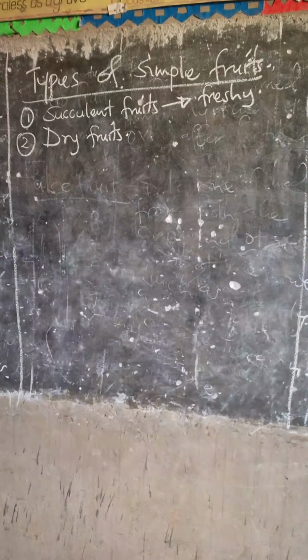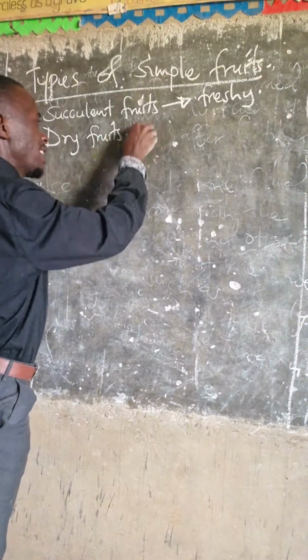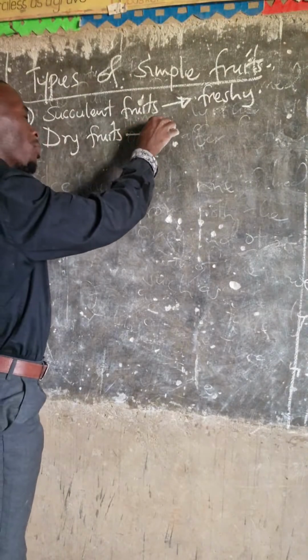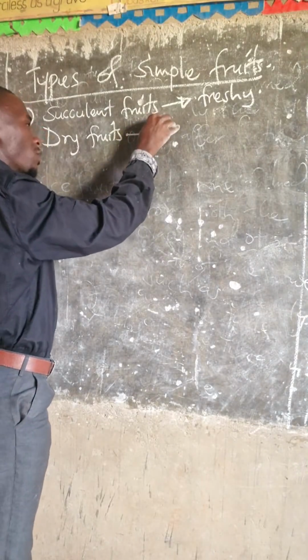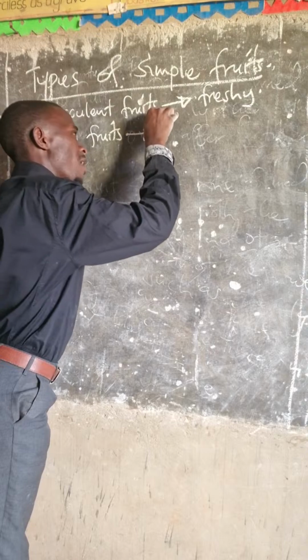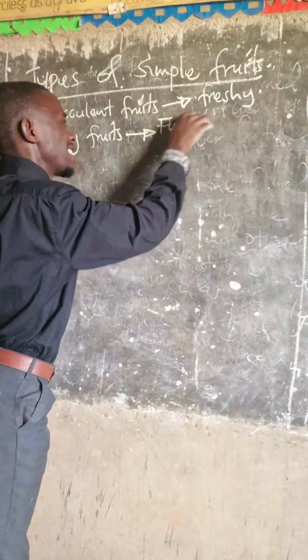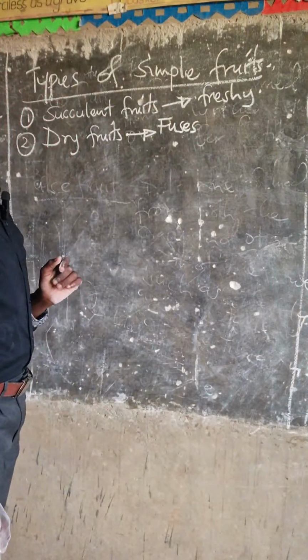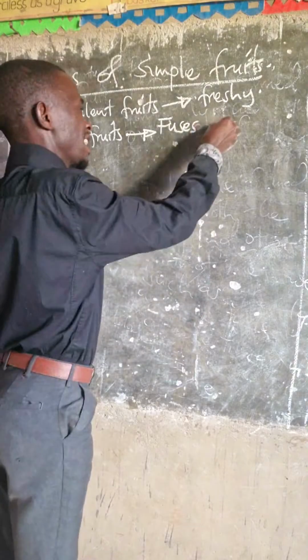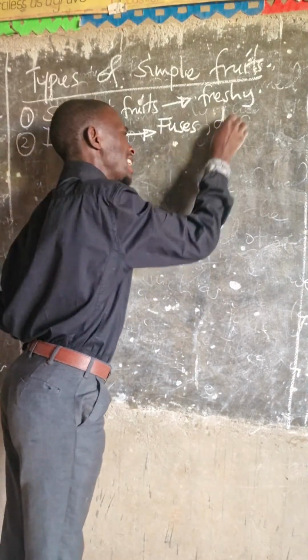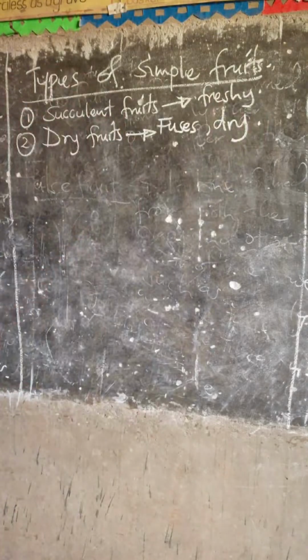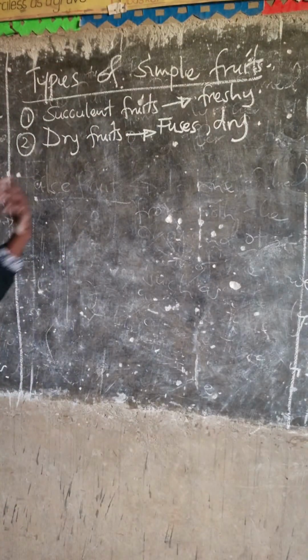And then the dry fruits are the ones whose layers of the pericarp fuse and become dry as the fruit ripens. We have 3 layers of the pericarp.